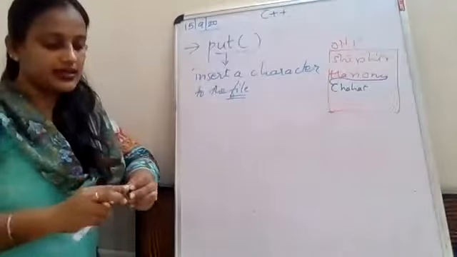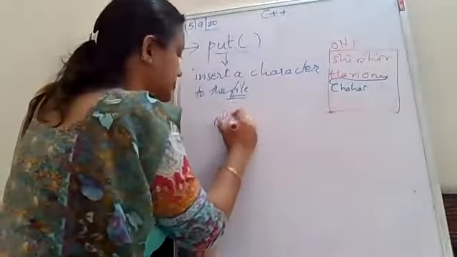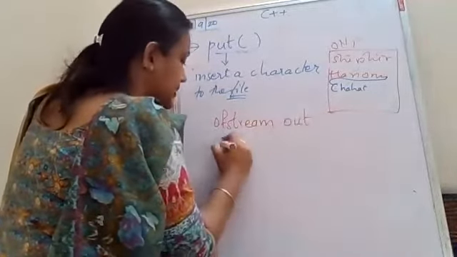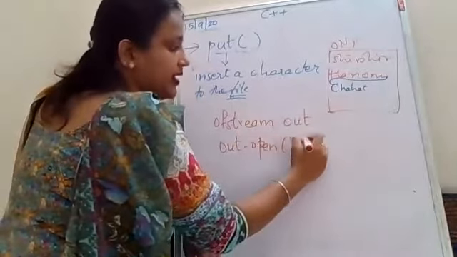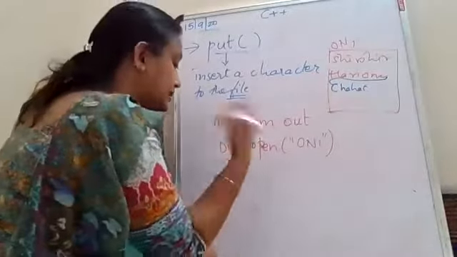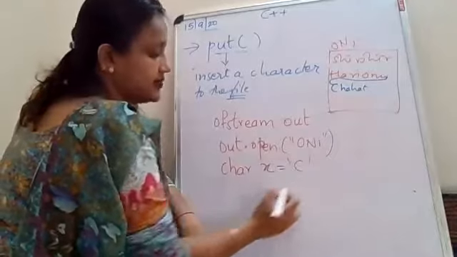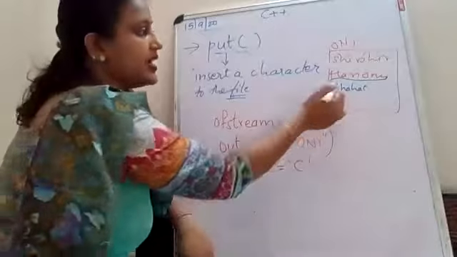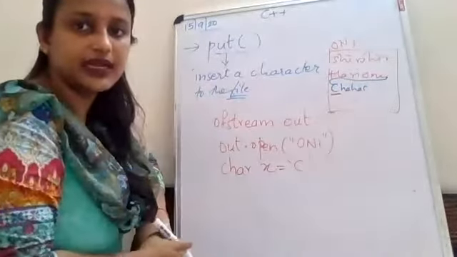Now the same method I will use. I will create an ofstream object. Suppose I have made it as out. out.open: first I need to open the file so that I can write into that particular file. And then I create a character, char x is equal to c. x is just a variable, and c because I have to enter the c of Chahat, the first letter of that name.